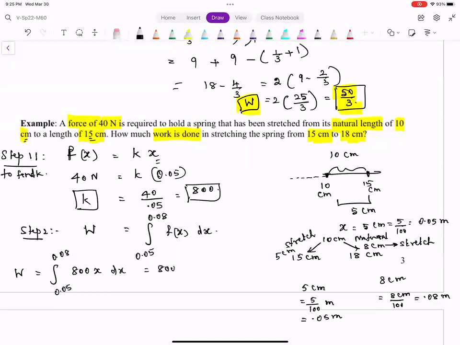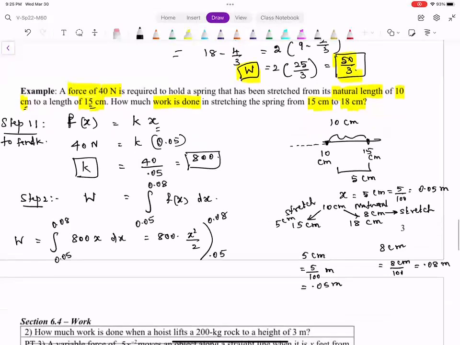That is 800 times x square over 2, from 0.05 to 0.08. That will be 400 times 0.08 square minus 0.05 square.